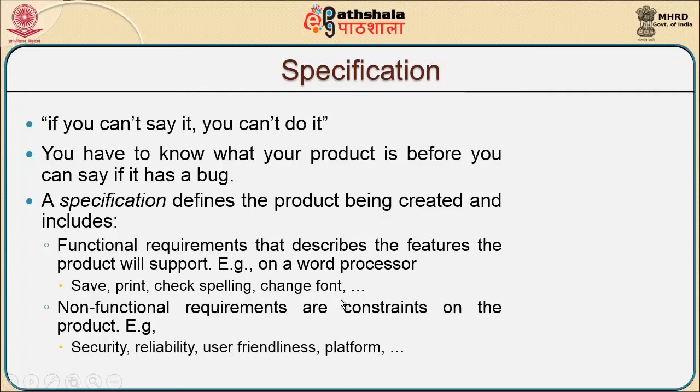In the case of non-functional requirements, there are constraints on the software or product. For example, we may have to rely on security, reliability, user friendliness and the platform with which we are to develop the work.